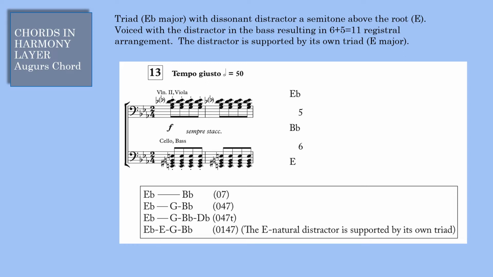But here I note its affinities with a more common type of chord in this ballet, a triad with a dissonant distractor a semitone above the root, and voiced with the distractor in the bass. That voicing gives us the familiar 6+5=11 registral arrangement. This interpretation affirms the E-flat centeredness of the chord, which is the basis for the E-flat orientation of the entire scene.